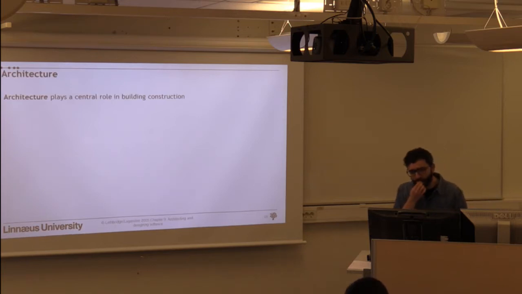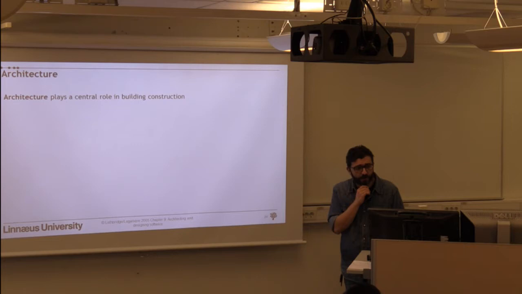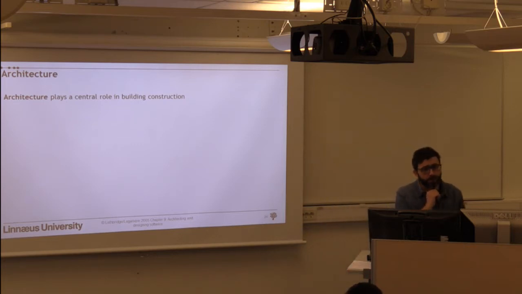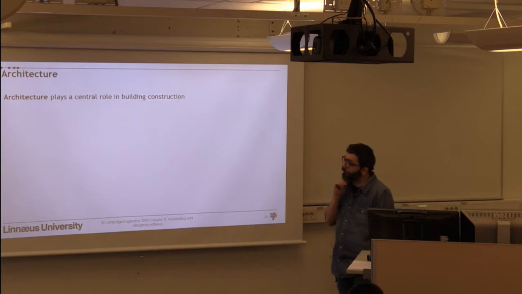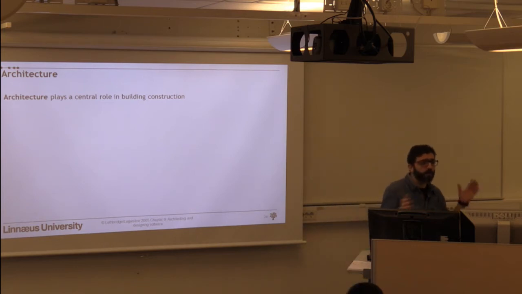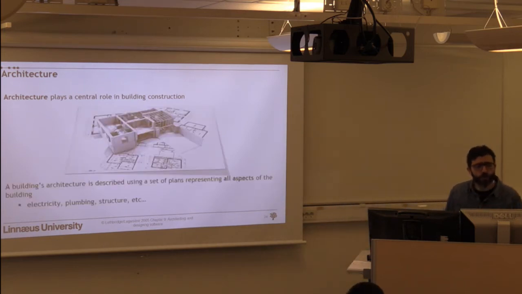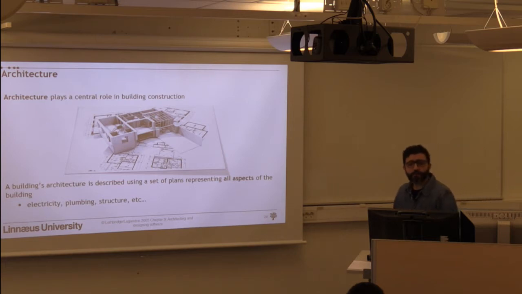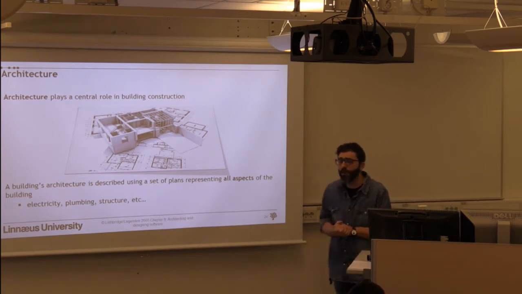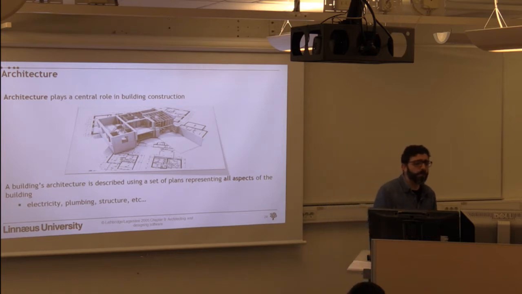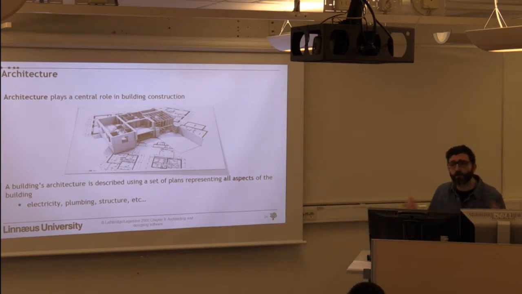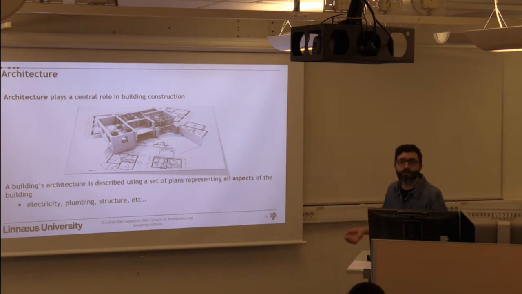Usually when you build buildings, architecture is the first thing that you design, because it plays a central role in the entire construction. The architecture represents all the aspects needed to build a building: the electricity, plumbing, structures, how many floors, stairs, elevators, and so on.